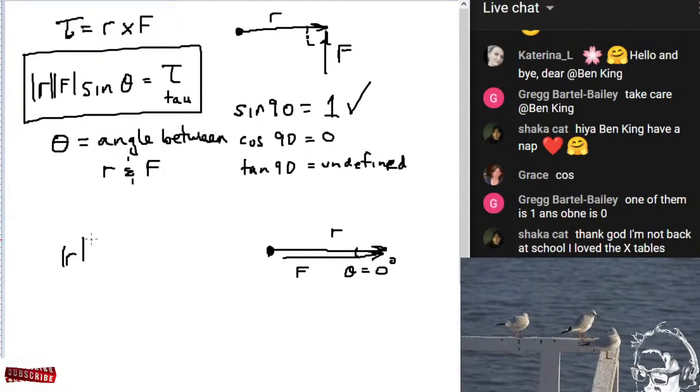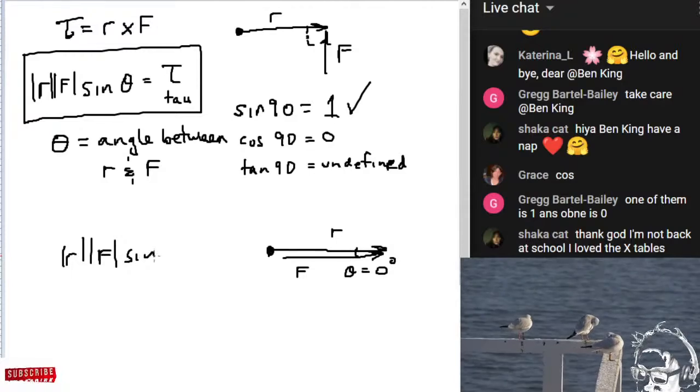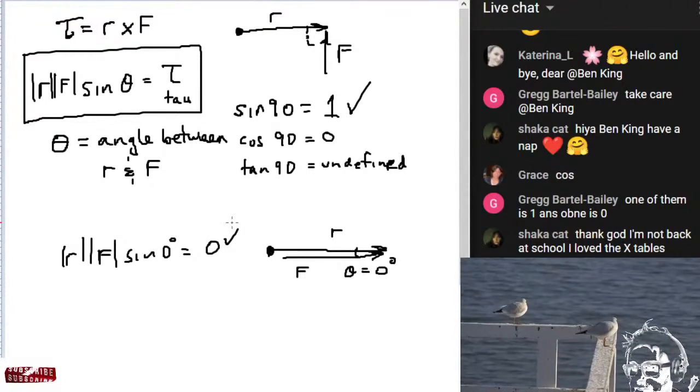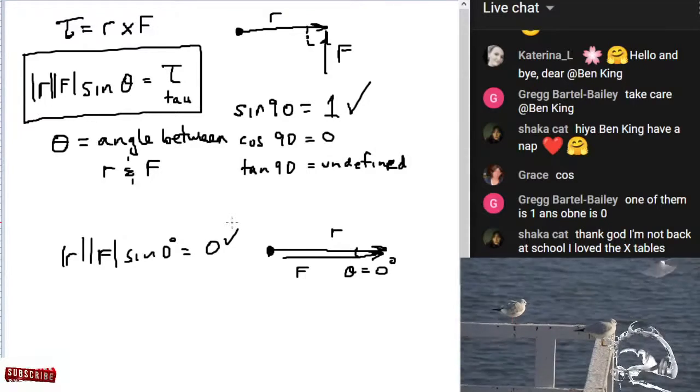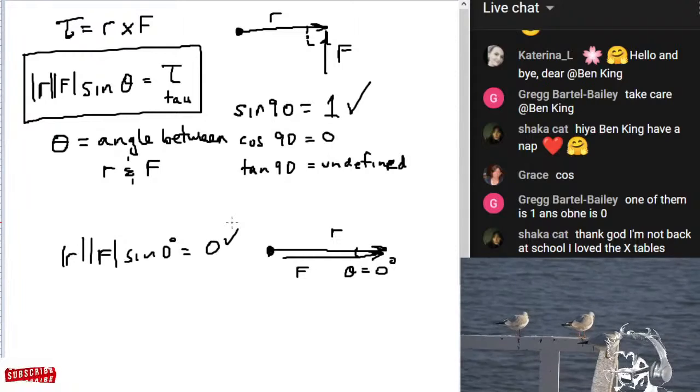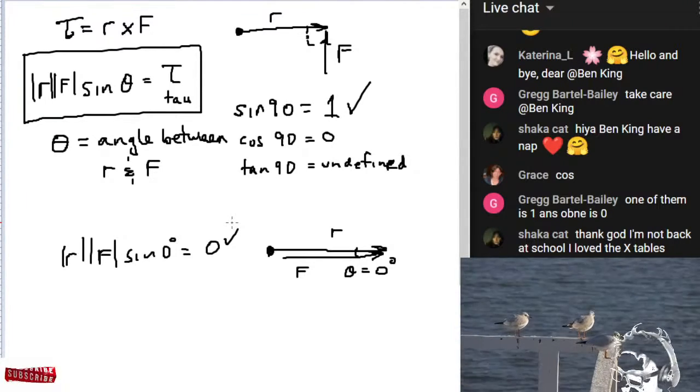Well, R times F times the sine of 0 is 0. So that makes sense. If you're not pushing into the door at any angle, it's not going to have any torque on it. So it works out nicely.